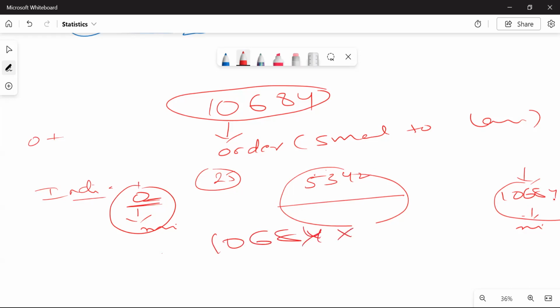I want to find the 25 percentile. 25 percentile means 1 by 4, right? So 10684 into 1 by 4. What value will we get? Calculate and tell me.